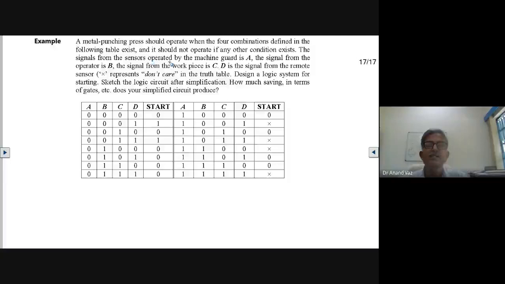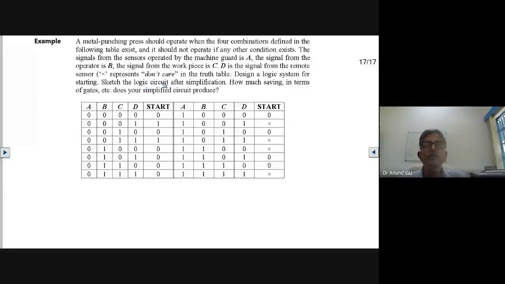The signals from the sensors operated by the machine guard is A. The signal from the operator is B. The signal from the workpiece is C. D is the signal from the remote sensor, where X or cross represents don't care in the truth table. Design a logic system for starting. The bracket should have ended here. Anyway, we'll understand it. Design a logic system for starting.